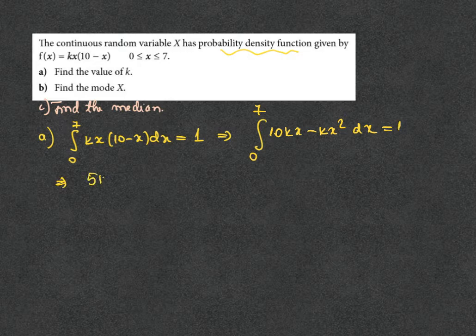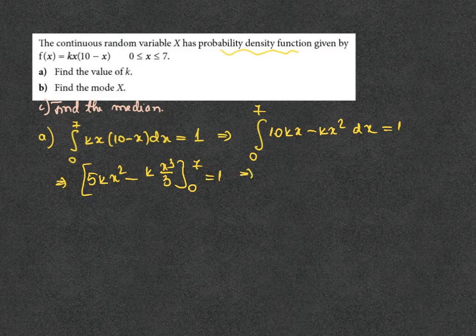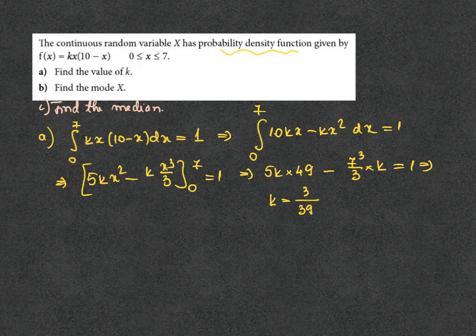Therefore, 5kx squared minus kx cubed over 3 from 0 to 7 is 1. So 5k times 49 minus 7 cubed over 3 times k is 1. Therefore, if I solve this equation, k equals 3 over 392.